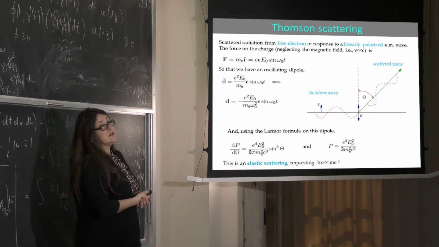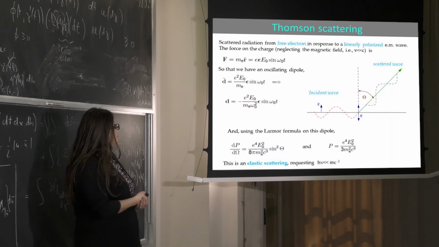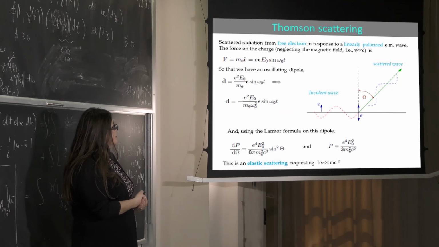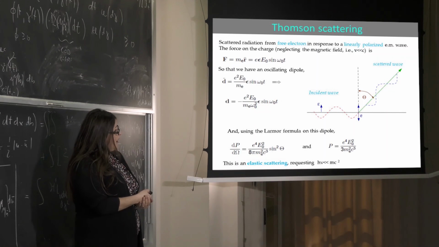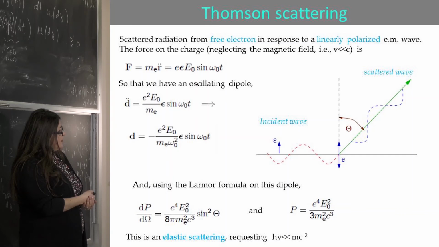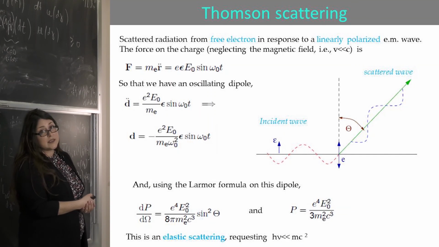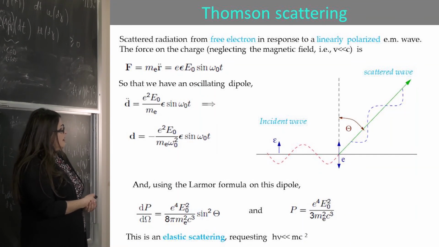If you calculate the force acting on the charge, you find that the electron will start to oscillate under the action of the incident wave, because you associate an electric field to the wave. So the electron will start to oscillate and will scatter the radiation in any direction. So you have an oscillating dipole.